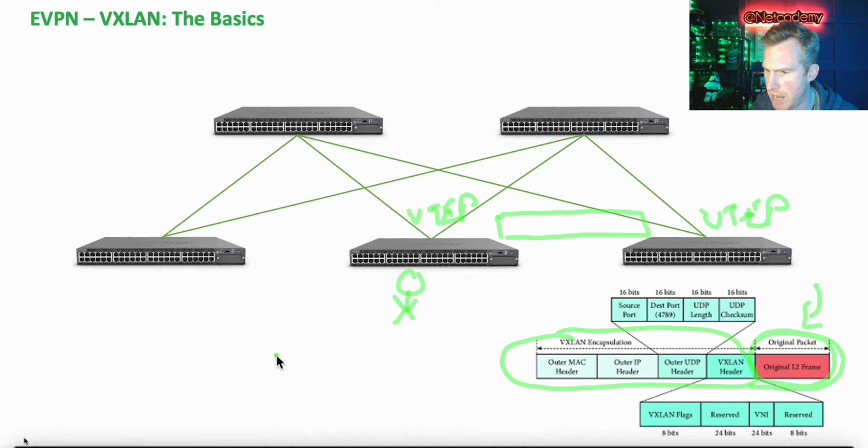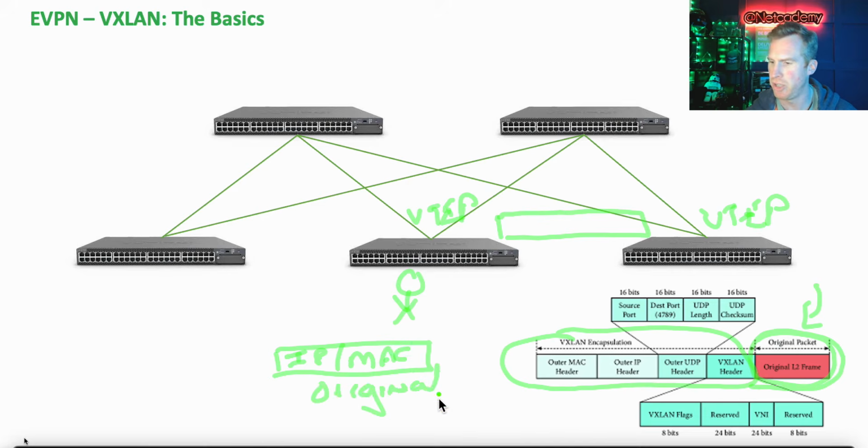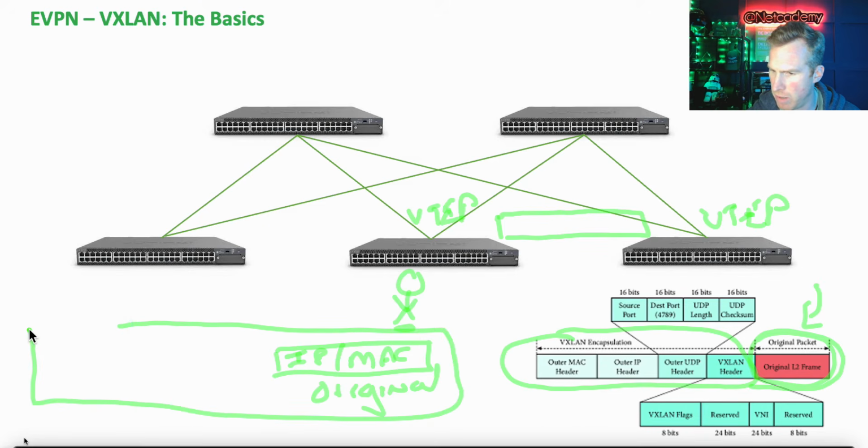So what we actually have is the IP and the MAC, the original information that this host is sending. But then the VTEP does something called encapsulation, i.e. it's going to encapsulate all of this information with new additional headers.